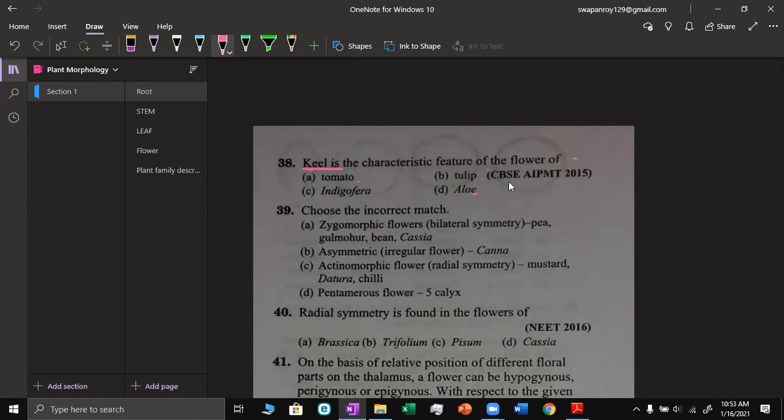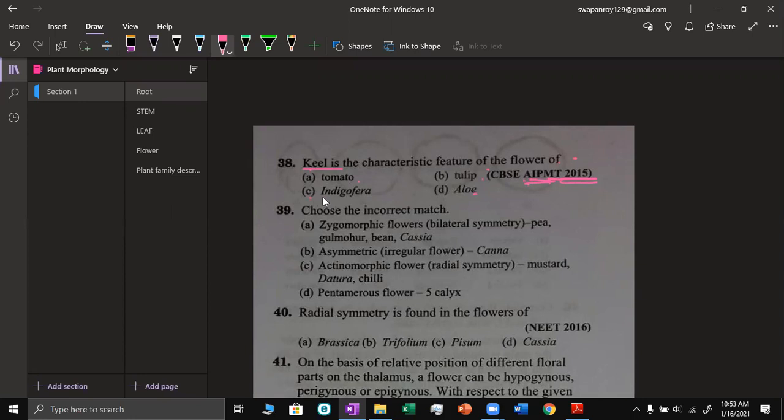This was asked in CBSE AIPMT 2015. Of course, AIPMT is now also under NTA, so it is a single exam.